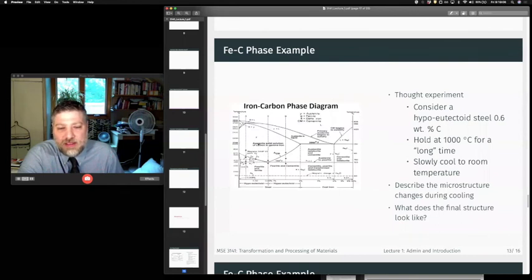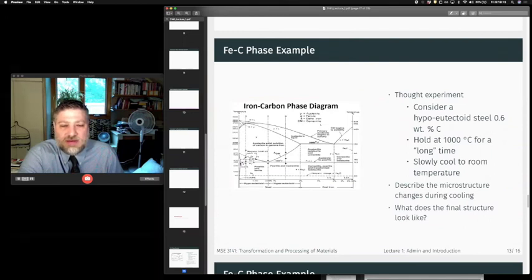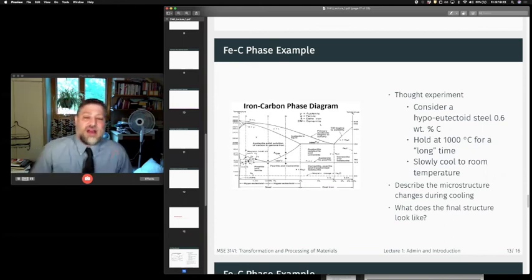What's the symbol? Yeah, so the gamma phase is the austenite, right? And then what's this little window over here, the alpha phase? That's ferrite. Ferrite, sorry. Right, so we enter into the austenite-ferrite region here.